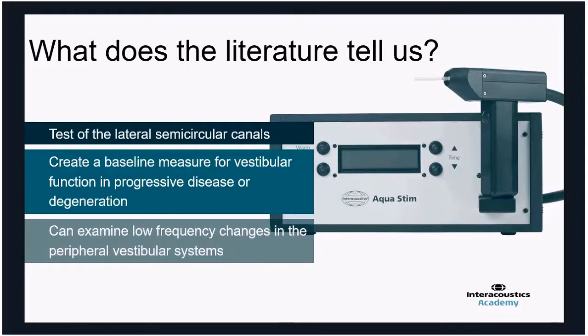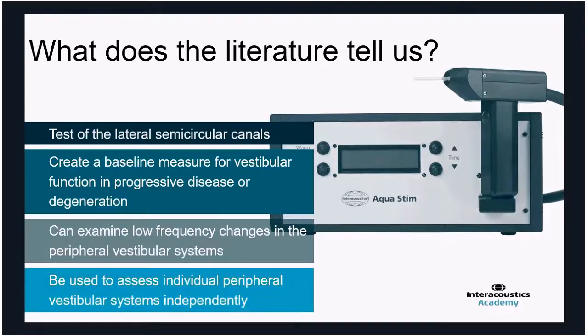It allows us to examine the very low frequency component of peripheral vestibular function. Also, we can individually assess the peripheral vestibular system. So in terms of its contribution, it still has a very significant impact on our overall assessment of vestibular function in patients presenting with dizziness.